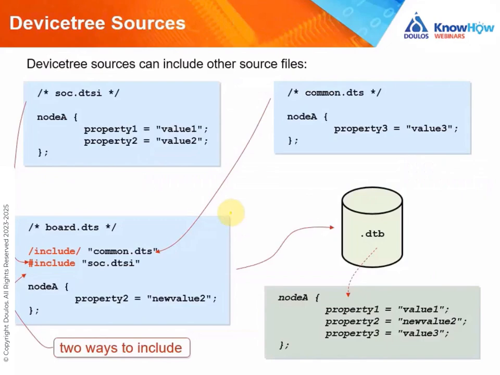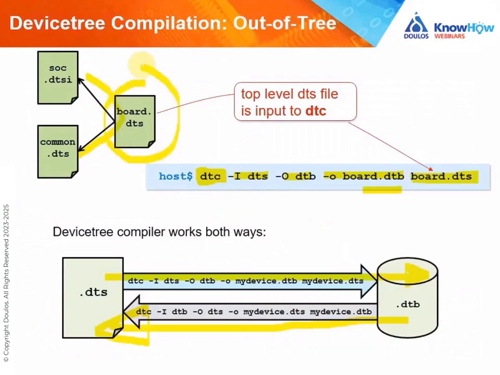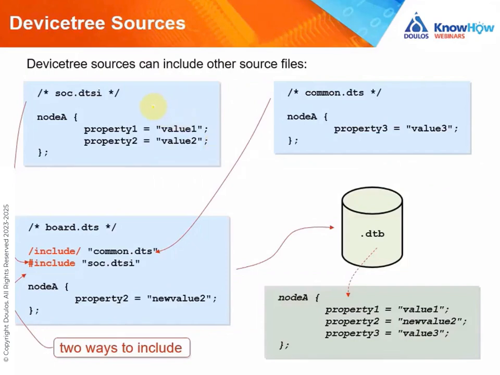We saw in that slide how a top-level device tree source file, a DTS file, could include others, and that can be used in a very powerful way because we can actually augment or overwrite data by including subsequent device tree source files. Basically, at the first part of the compile stage, the DTC will concatenate all of the files together in the order in which they're defined.